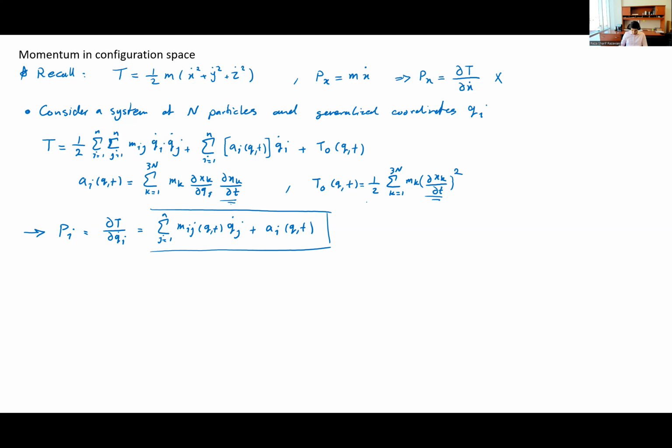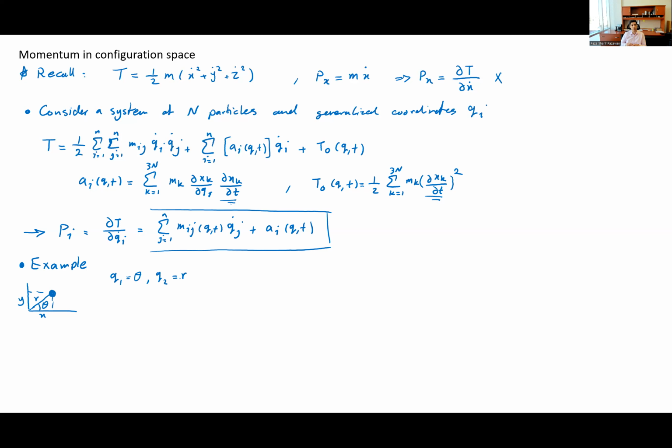So that's it. Maybe we can look at one example just to make sure the concepts sink in. Again, we have a particle moving in a 2D space, so it has two coordinates, x and y. And let's also have another set of generalized coordinates, r and theta. These are the polar coordinates. So my q1 is theta, my q2 is r.